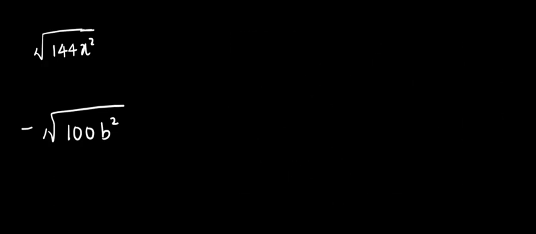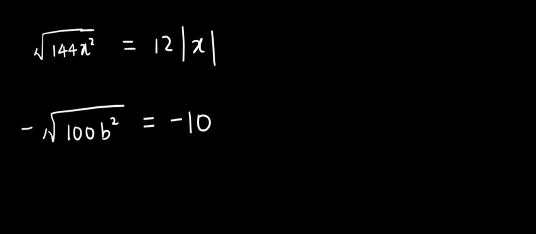We have the square root of 144x squared. 144, that's easy to take care of. That's 12. But when you bring the x squared out, you need to say absolute value of x. Why? Remember the principal nth root rule we talked about a few times. And next one, we have negative 10.